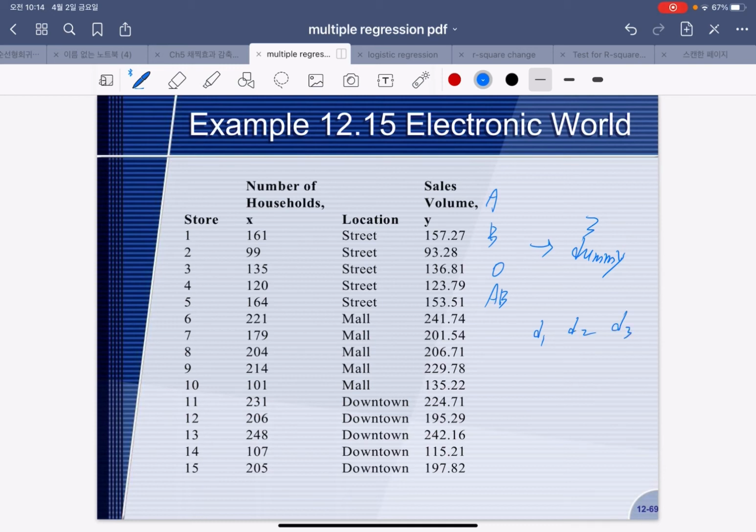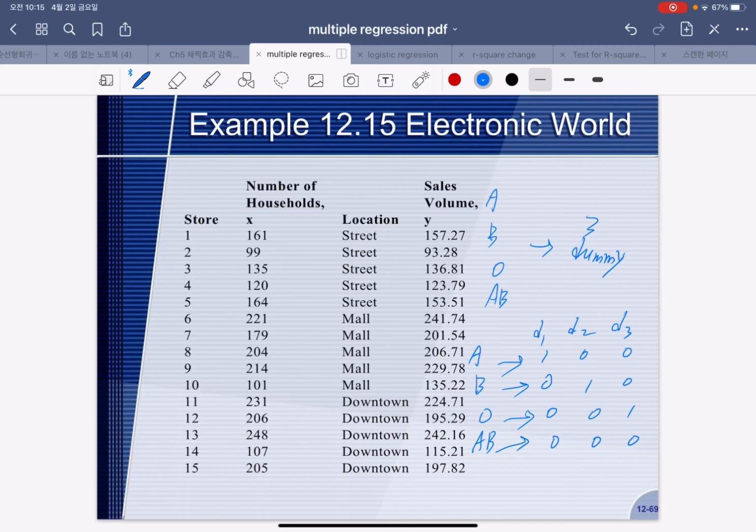For blood type A, you can use 1, 0, 0 for these 3 dummy variables. For blood type B, you use 0, 1, 0. Blood type O, you can use 0, 0, 1. And for blood type AB, you use zeros for all dummies. So you change these to dummy variables.